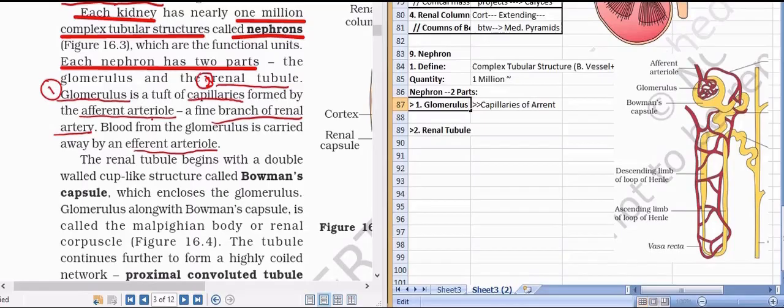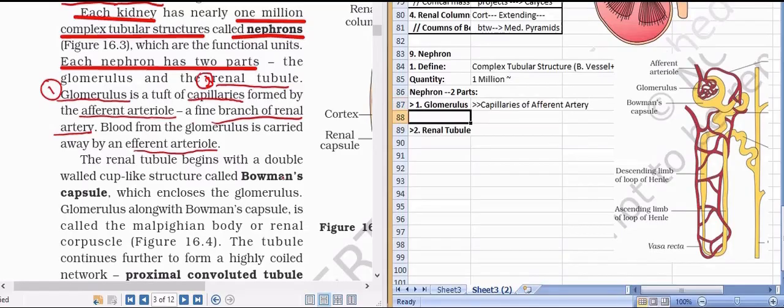It's made up of afferent arteriole, artery. Arteriole, you should say.